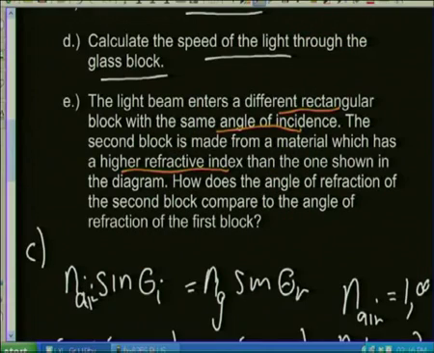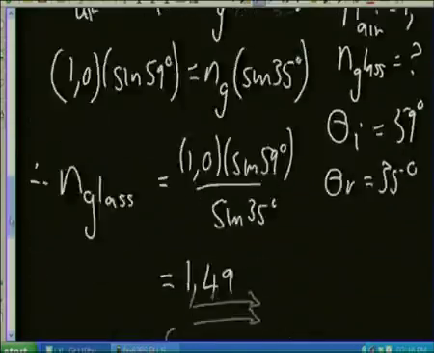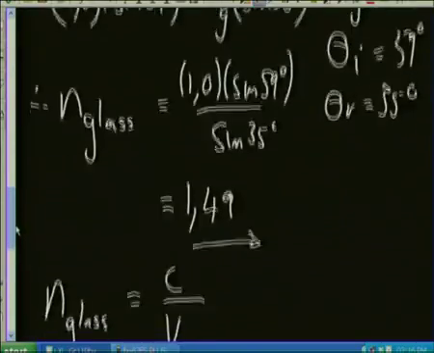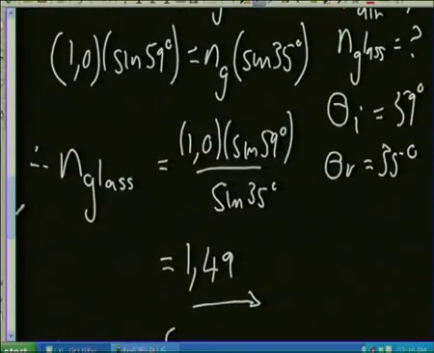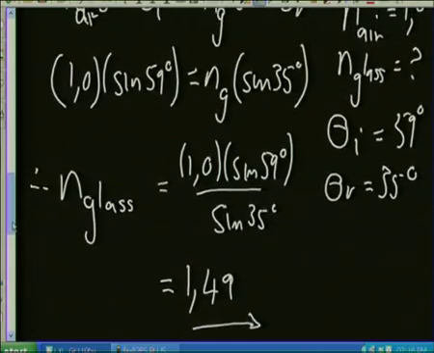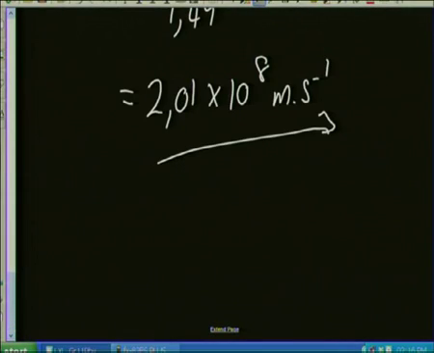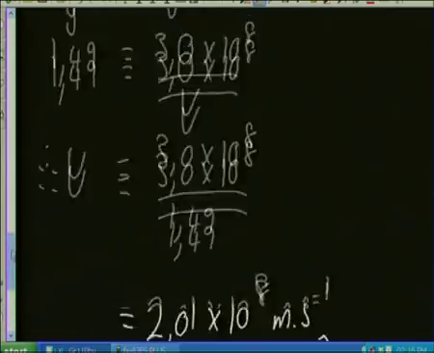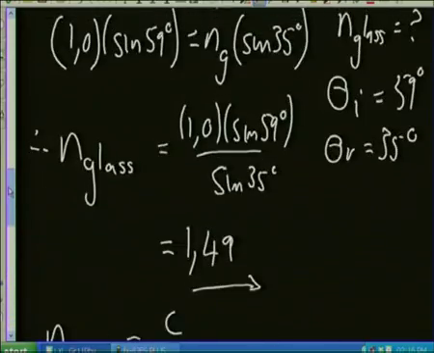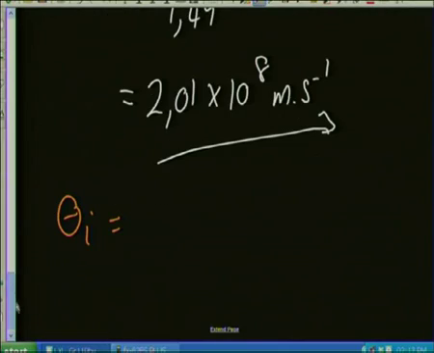How does the angle of refraction in the second block compare to the angle of refraction in the first block? So, very important little calculation that we've got to do. What we recognize is that the angle of incidence was the same, and that angle of incidence was 59 degrees, just like what we've drawn up above.